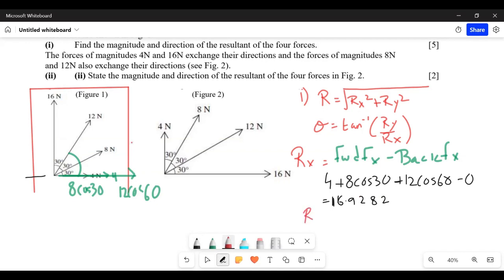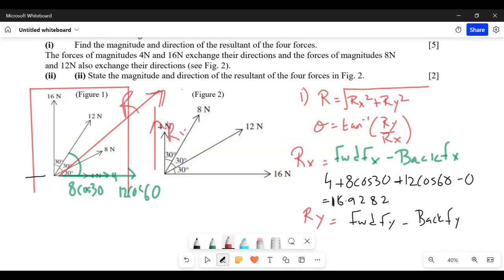Ry is going to be forward forces in y direction minus backward force in y direction. Okay. So forward forces in y direction is going to be the upward force, because for the resultant, Ry is upward.